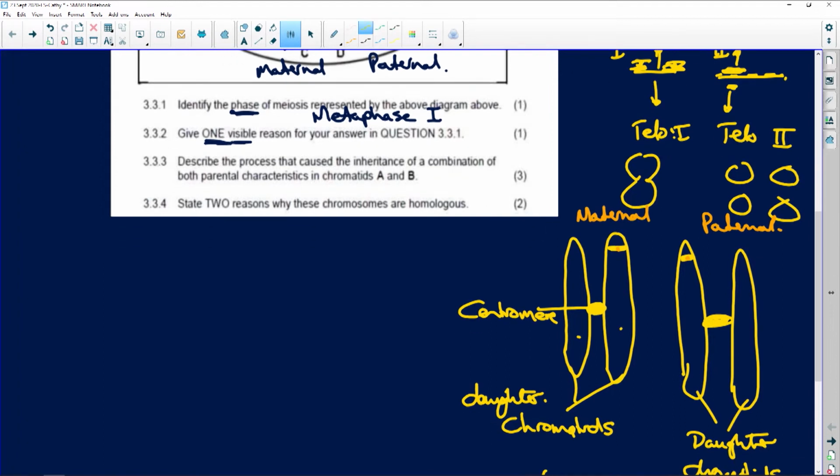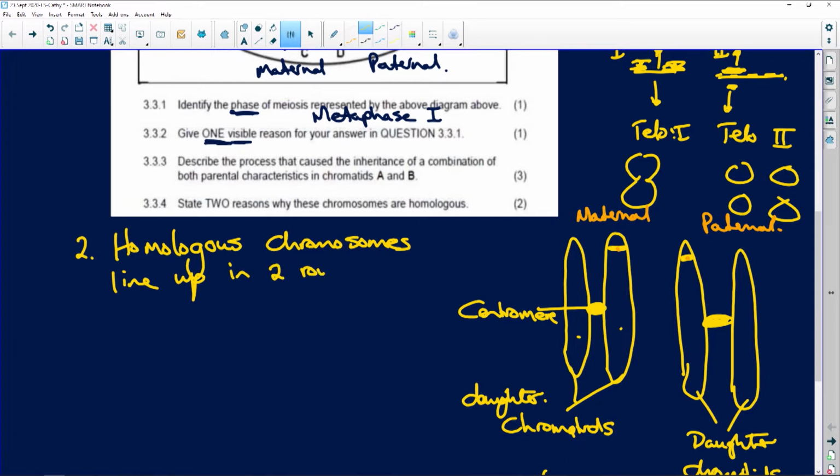Your answer for question 2 is going to be homologous chromosomes line up in 2 rows on the equator.